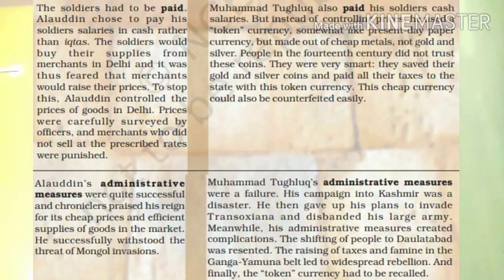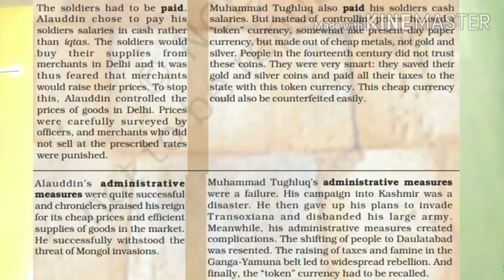So the soldiers had to be paid, and Alauddin did not pay the soldiers in iktas. So iktas were not actually called the salaries during Alauddin Khilji's reign. He paid the soldiers in cash. The soldiers would buy their supplies from the Delhi markets, from the merchants directly, and there was a chance that, taking advantage of the situation, the merchants would raise the prices.